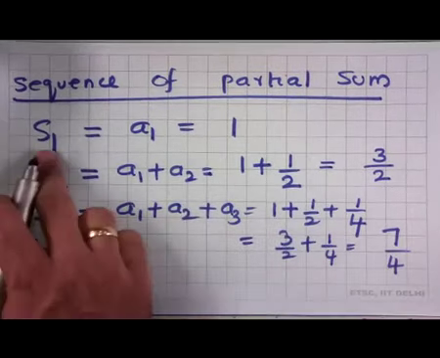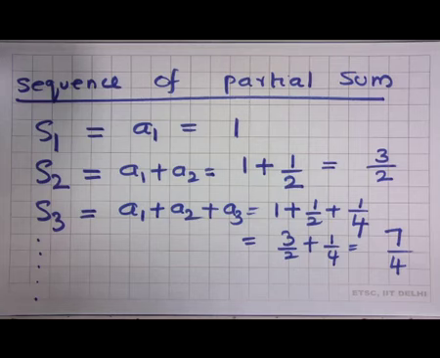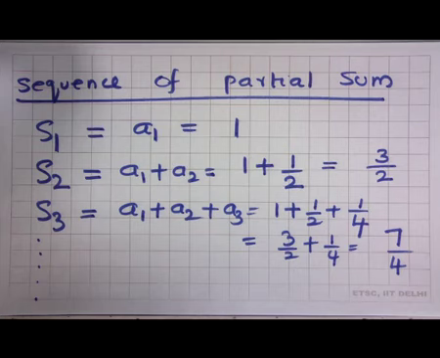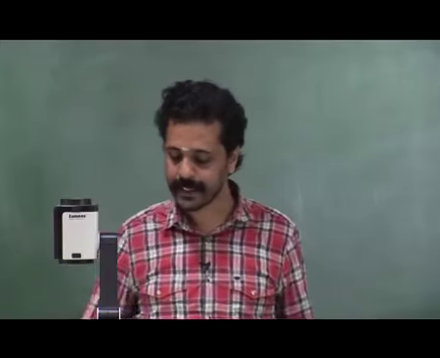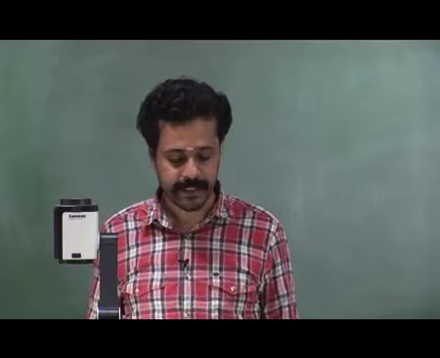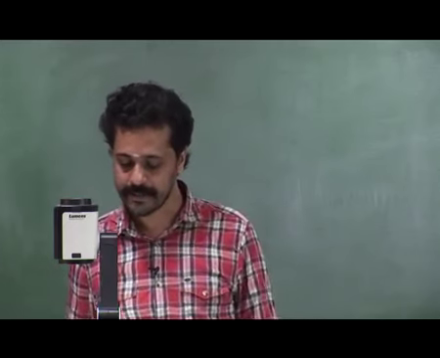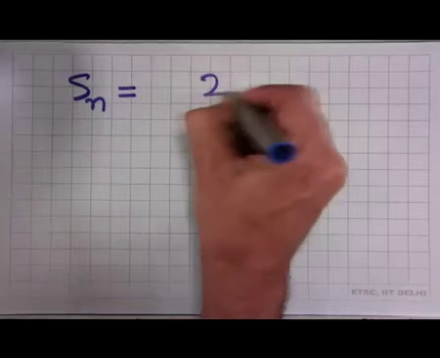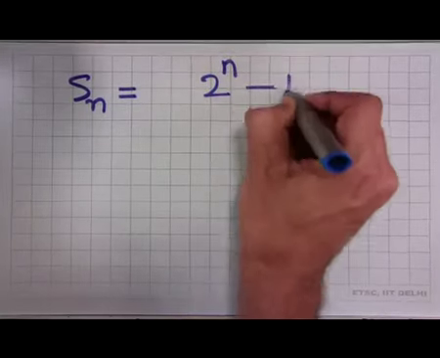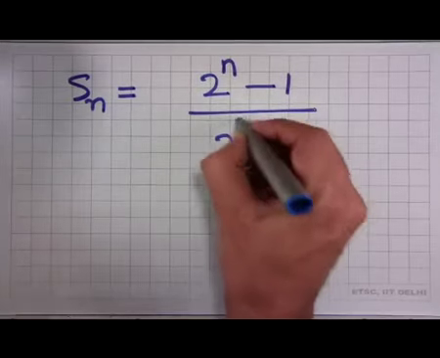See that S1 is 1, S2 is 3 by 2, 1 plus half, S3 is 7 by 4 and so on. It is a bit involved, but with careful observation it can be seen that there is a pattern, and Sn, the nth term, will be (2 power n minus 1) by 2 power (n minus 1).